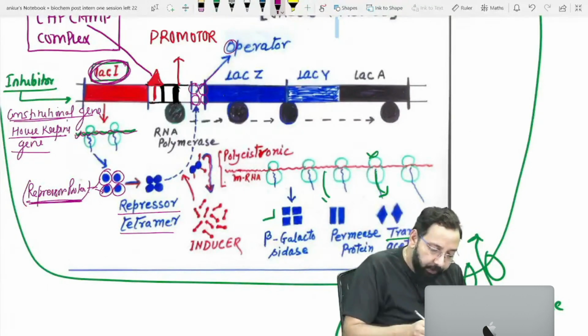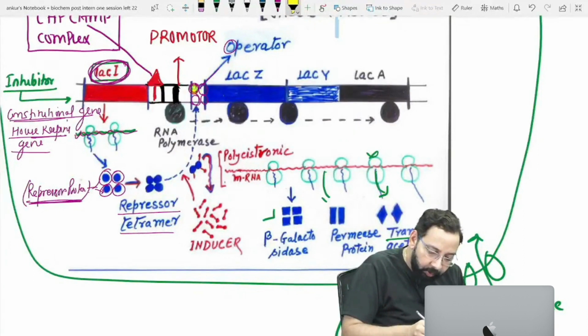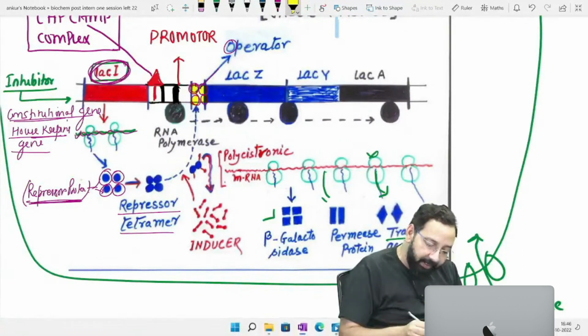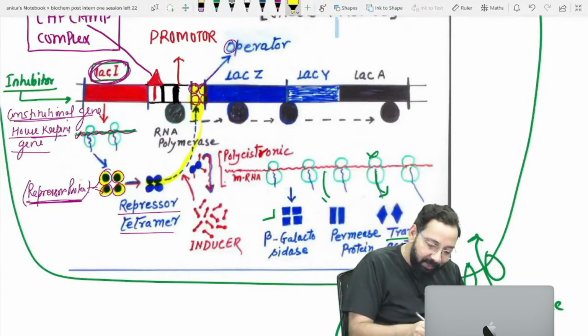O for operator. The repressor protein looks like O. So the repressor tetramer binds to which region? The operator region.